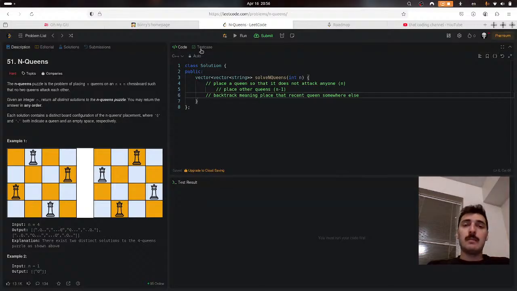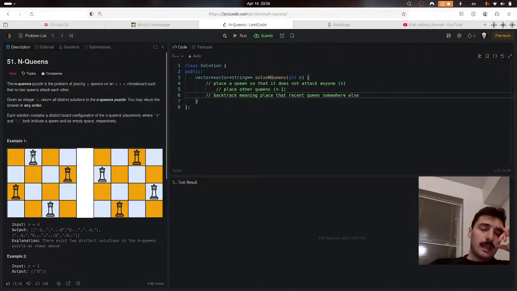Placing a queen on an xy coordinate means the queen is standing here, but we cannot place other queens on this horizontal line, this vertical line, or these diagonal lines.